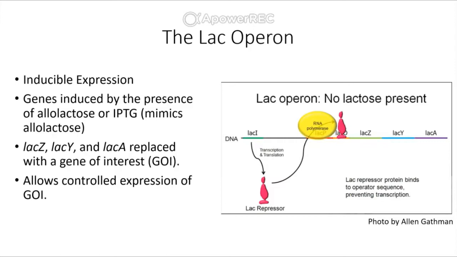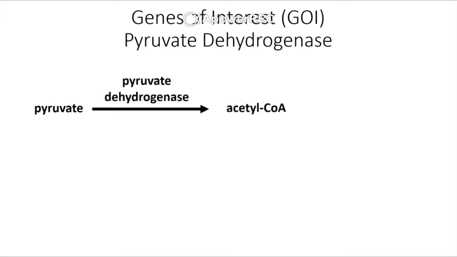Let's talk a little bit about our gene of interest. Our gene of interest in this lab, or GOI, is the gene that produces the enzyme pyruvate dehydrogenase. If you recall in our cellular respiration lab, pyruvate can be converted to acetyl-CoA.